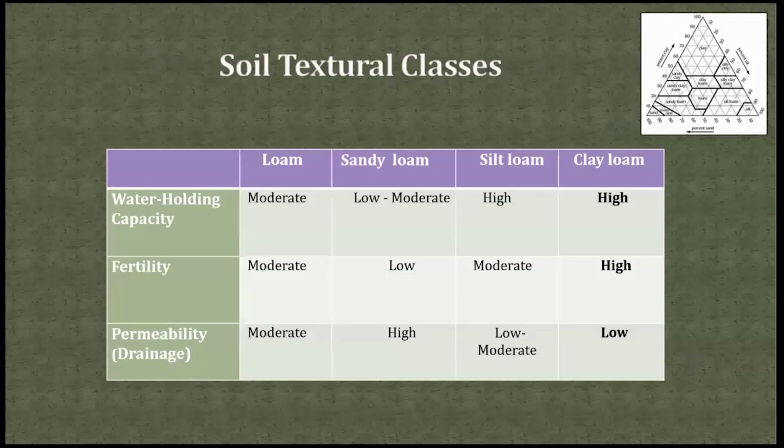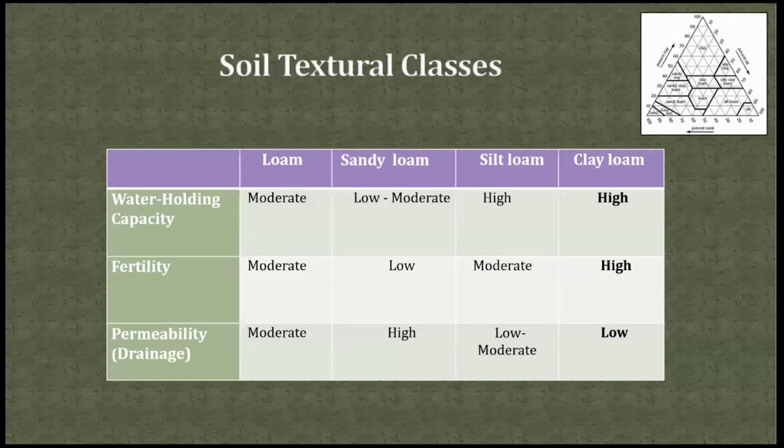Soil scientists use the proportion of sand, silt, and clay to classify soil into 12 textural classes. So think of them as groups. The triangle in the upper right shows all 12 of them together. Now, it's not important for us to know the names of these textural classes, but it is helpful for gardeners to know their characteristics.